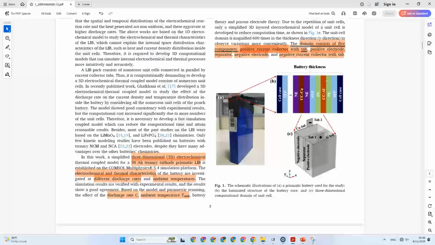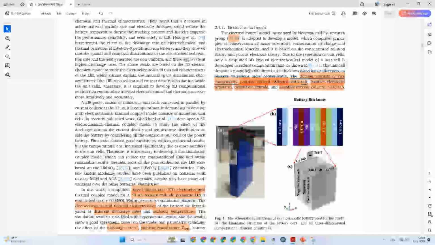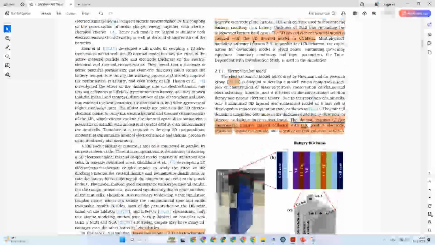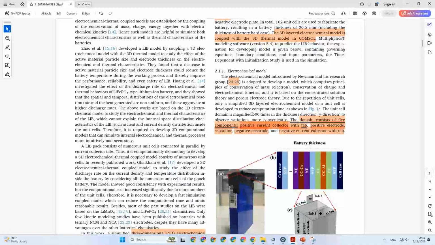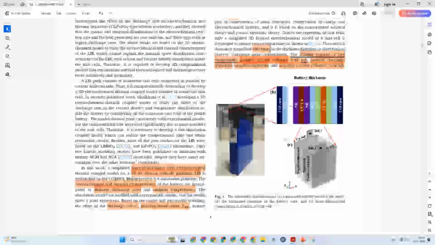This is the battery schematic. You can see the different unit cells, but here we have one unit cell that is magnified 600 times for finding efficient results compared to experiment.